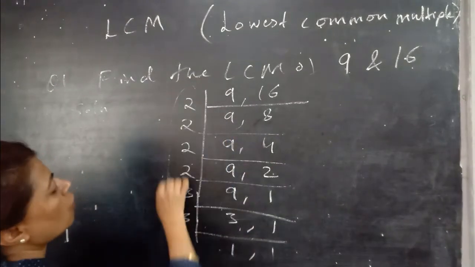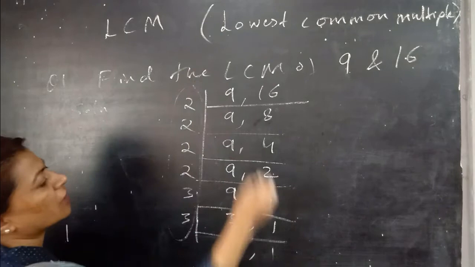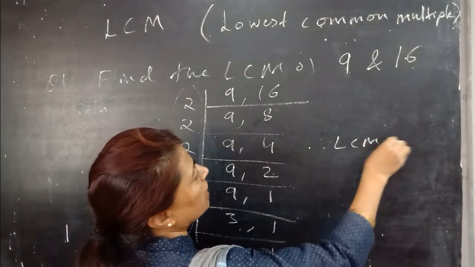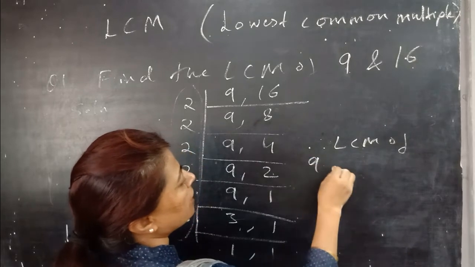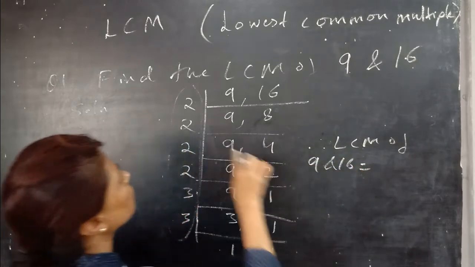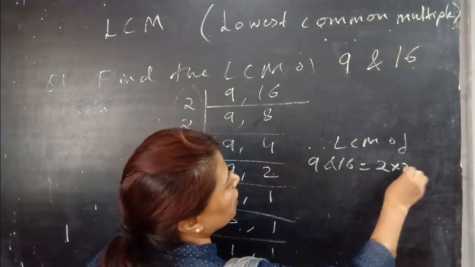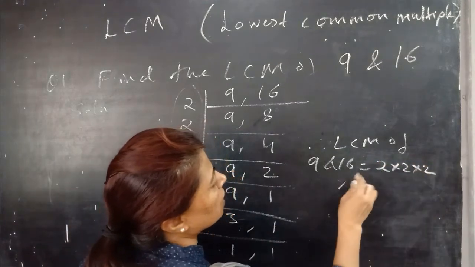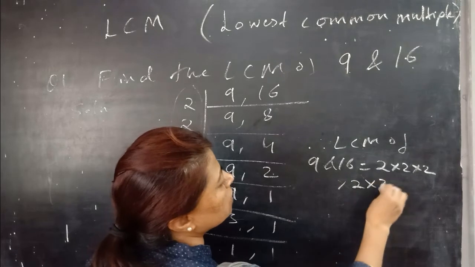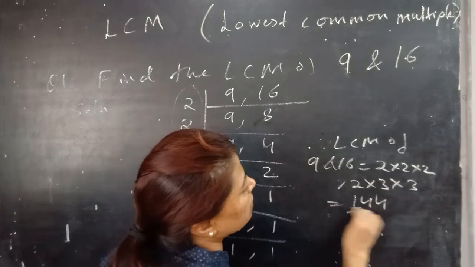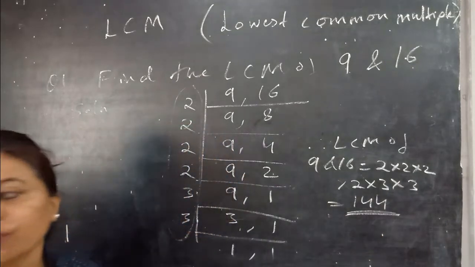Now multiply all these prime factors for finding the LCM. So the LCM of 9 and 16 is equal to 2 four times and 3 two times. When you multiply all of them, you get the same number, 144.